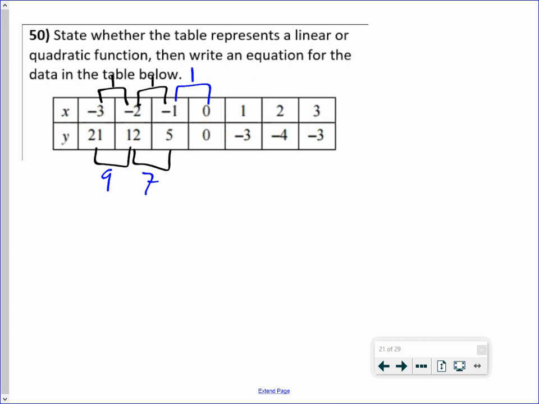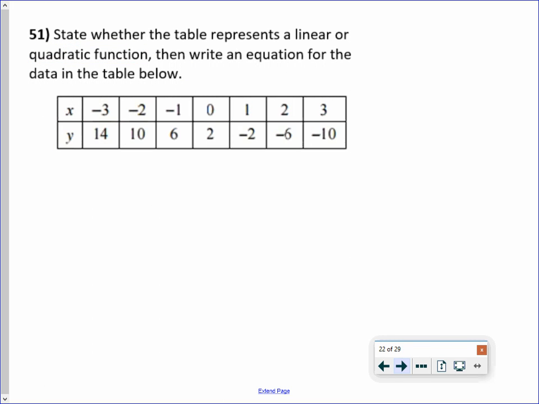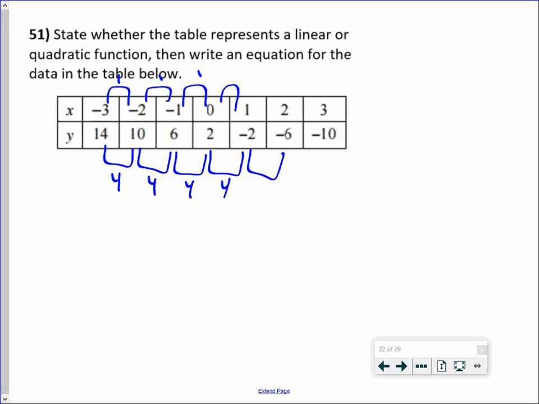Here we went down 1, and here we went down 5, and then 3. So the rate of change is not constant, so this has to be a quadratic. Whereas in this problem, each time we're going up 1, the function is going down 4. So that is a constant rate of change. So this is a line.